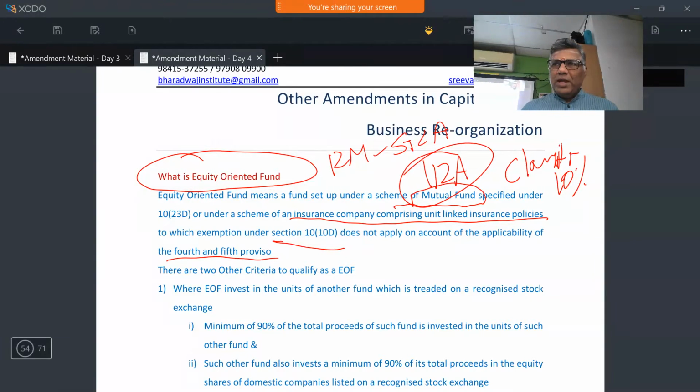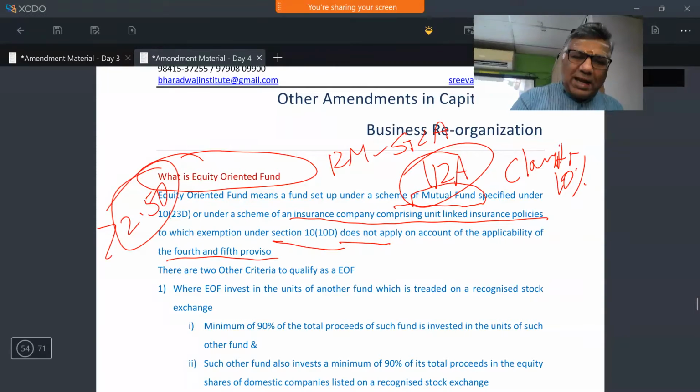Repeating, it is a fund set up under a scheme of mutual funds specified under 10(23D), or under a scheme of an insurance company which is a ULIP to which exemption does not apply on account of provisos 4 and 5. Do we remember provisos 4 and 5? Where the premium exceeds 2.50 lakhs individually or collectively, then it will not be exempt.